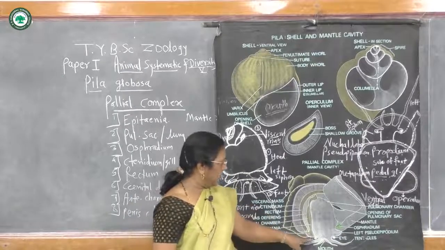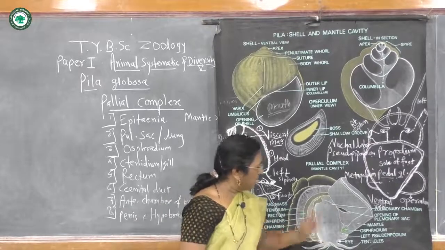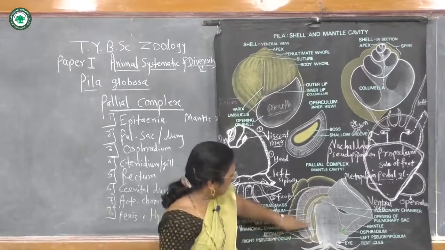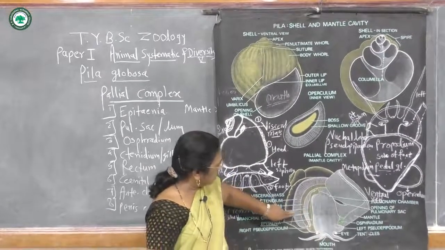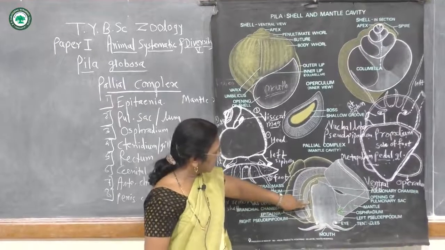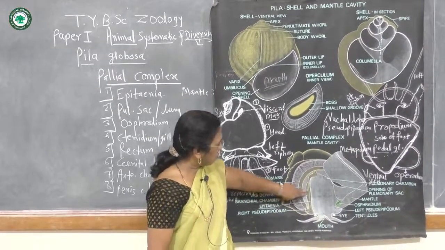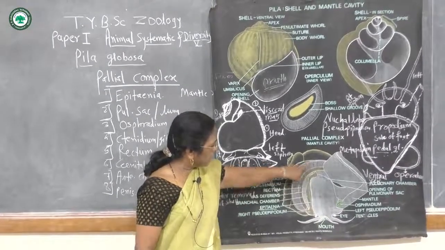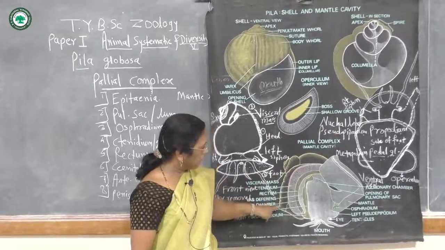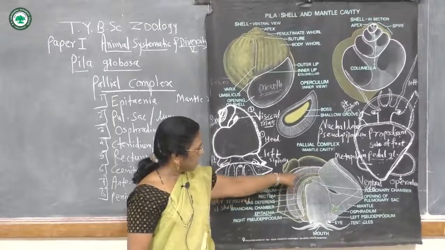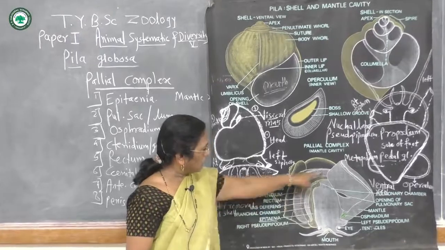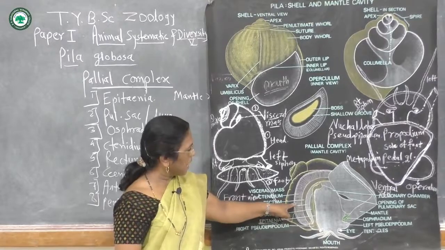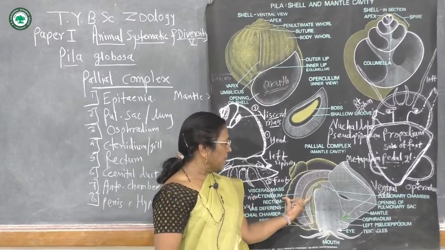Due to this epithenia, the mantle cavity divides into two unequal chambers, of which the right small chamber, this much side, is called the branchial chamber. This right small chamber is called the branchial chamber because the gill is present here. The aquatic gill or ctenidium, which is the aquatic respiratory organ, is present, hence it is called the branchial chamber, which is small.